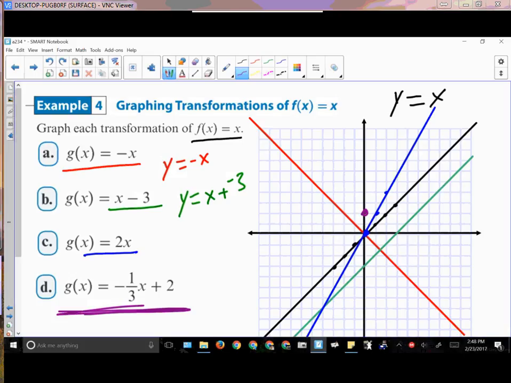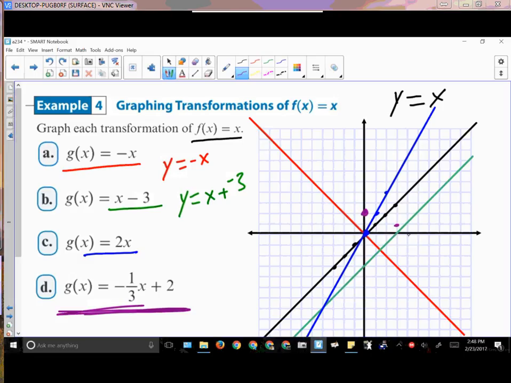Now, when I have all of this stuff here, graphing by transformation is a little more tedious to deal with than going by slope-intercept form, which is fine. This would be the better way of solving this particular one. So I'm at 2, down 1 over 3. 1, 2, 3.